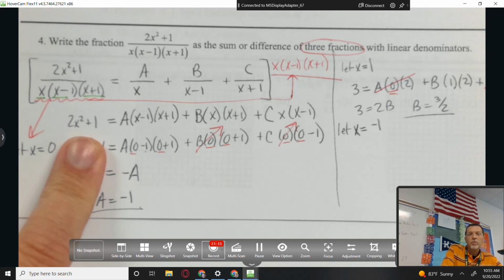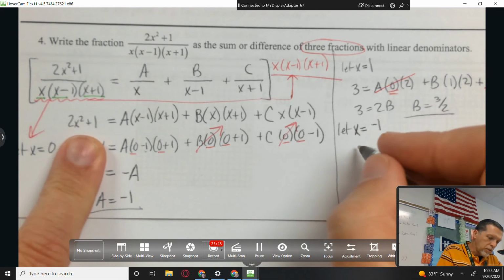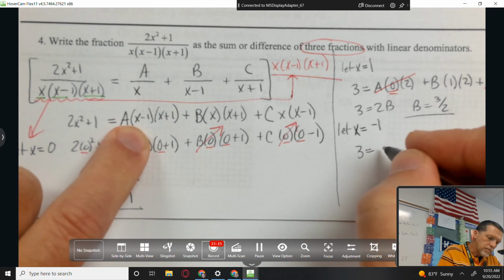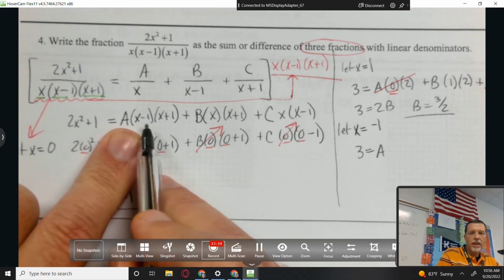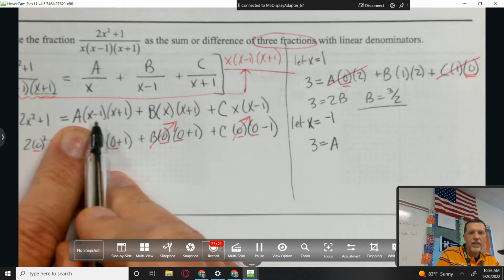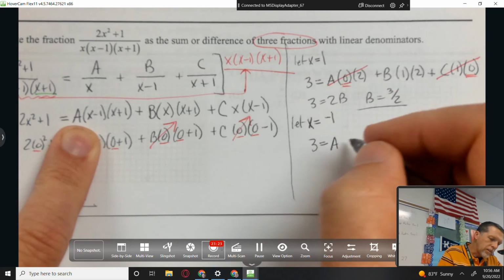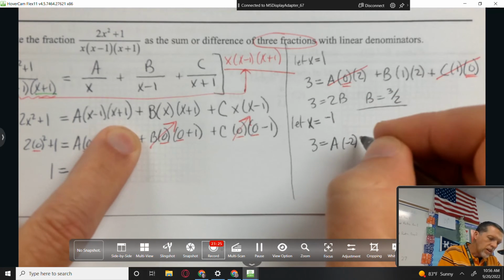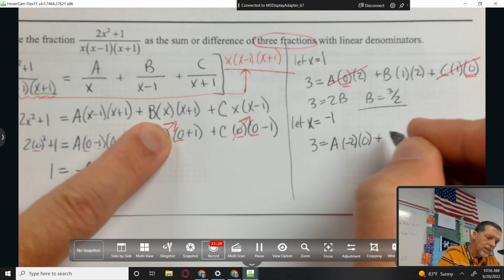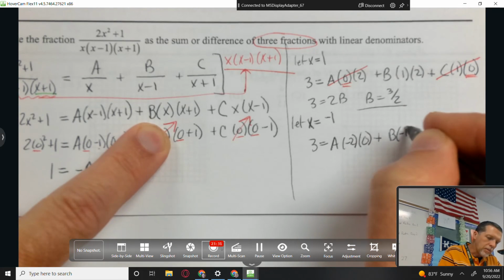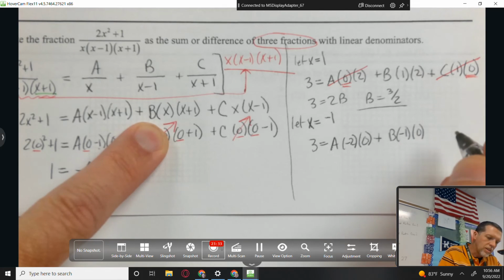-1 squared is 1, times 2 is 2, plus 1 is 3. Again, I'm plugging -1 in. I'm doing a little bit of math in my head here. -1 minus 1 is -2. -1 plus 1 is 0. That's good. B times -1 times 0. That's nice.